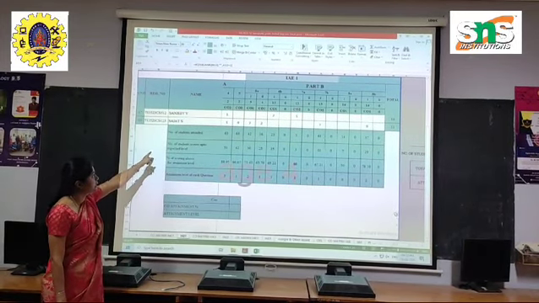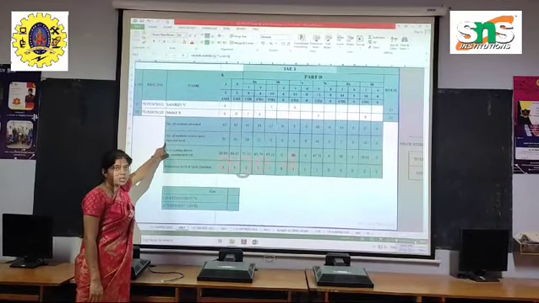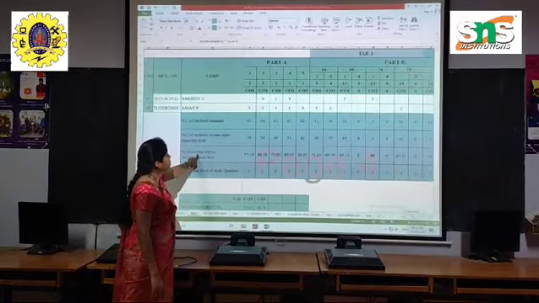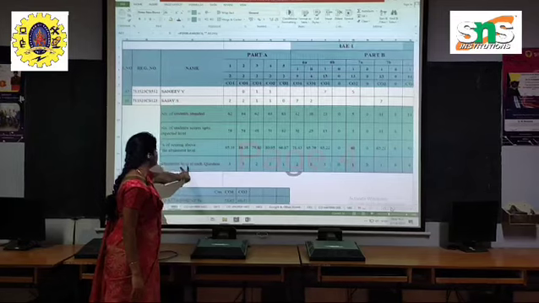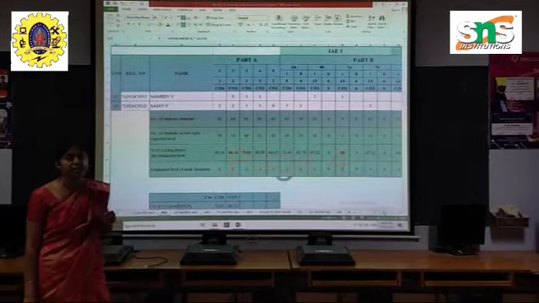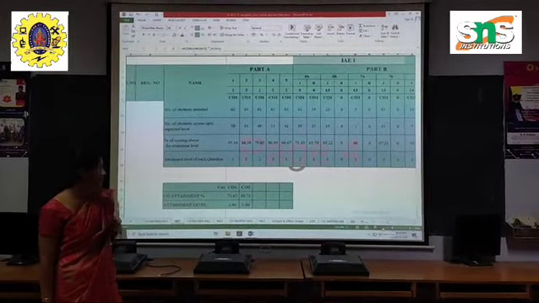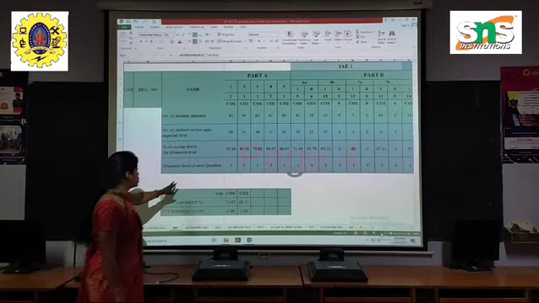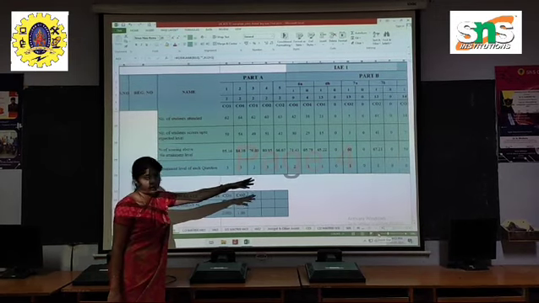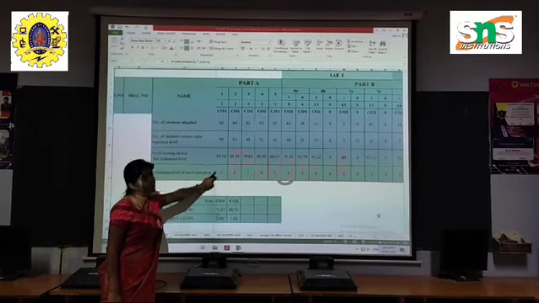So here the number of students who attended this question is 63, and the above-expected score is 51 students scoring above the expected percentage, and the percentage of it is 95.1. So the target we have fixed is 60% for level 1, 70% for level 2, and 80% and above comes under level 3. This is the criteria we have fixed. So this is the attainment for this particular question. In the same fashion, the remaining questions' attainment is also calculated, and the CO1 and CO2 overall averages will be calculated and displayed at the last.